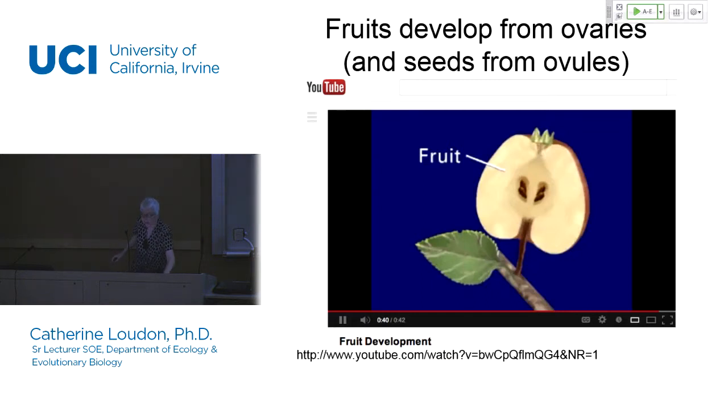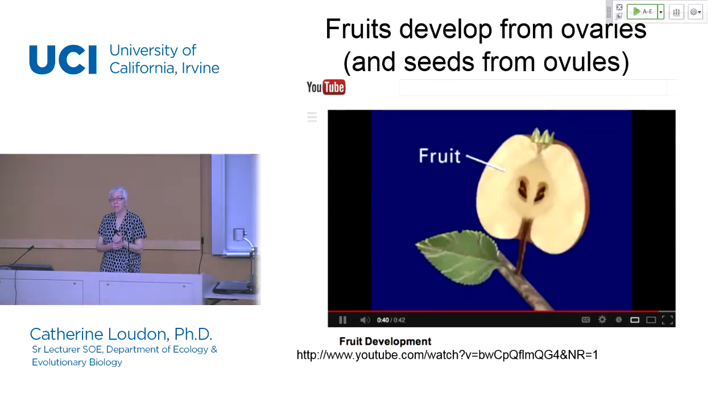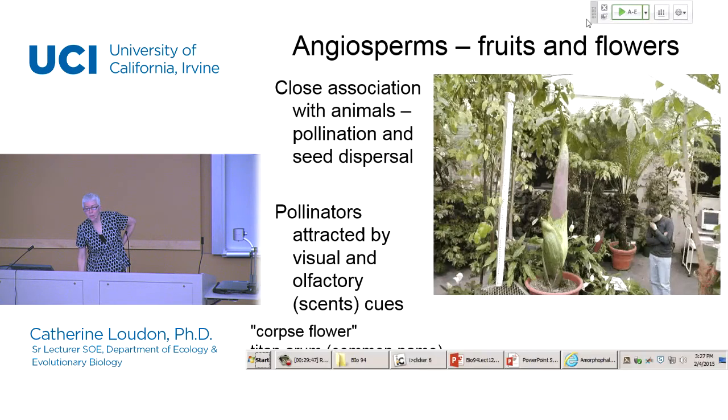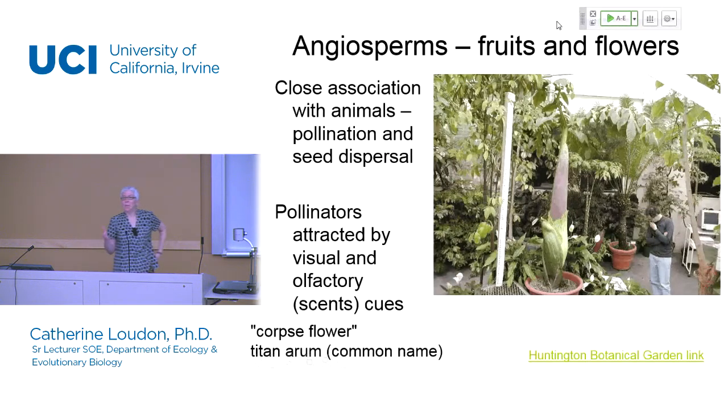So that is the functional significance of the fruit from the point of view of the plant. This is what I mean by manipulation of animals. One can tell a lot about the animals that the plant is interacting with from its characteristics.